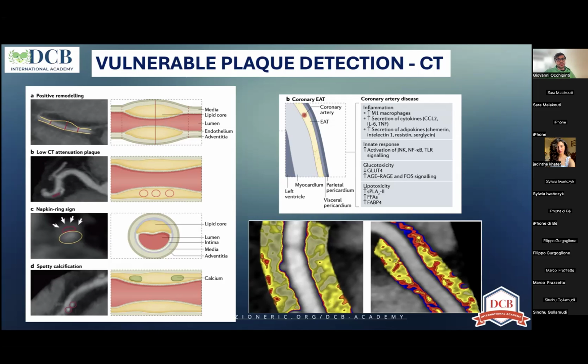The epicardial adipose tissue has been found to be a highly contributing factor to the vulnerability of the plaque. And in the lower part of the right side of the slide, we also see a technique, the fat attenuation index, that has been found to be another important contributor to the classification of high-risk plaque.